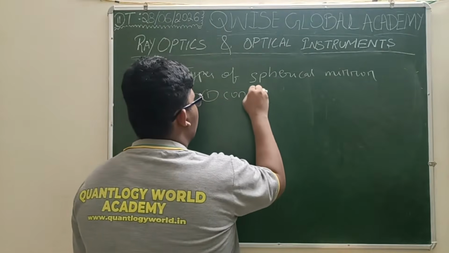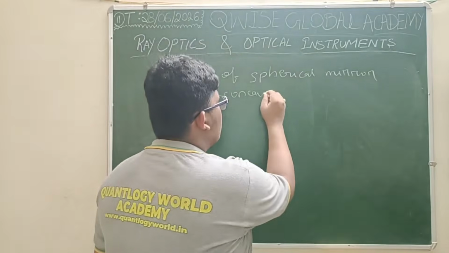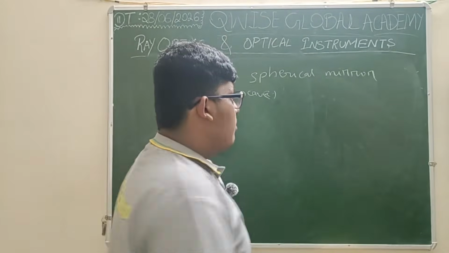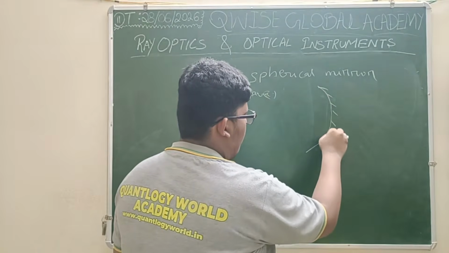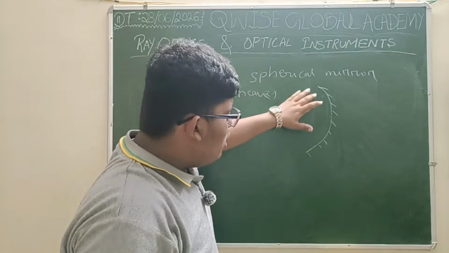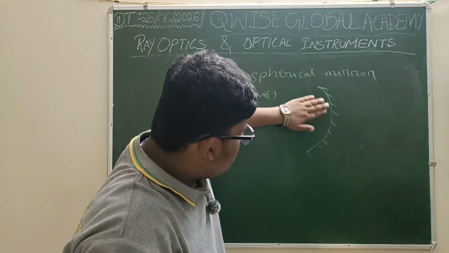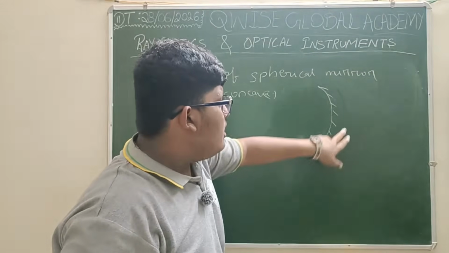First is concave mirror. Concave mirror is the mirror whose reflecting surface is inward. This is the example of concave mirror, whose inward curved part is the reflecting surface and the outside is silver polished.